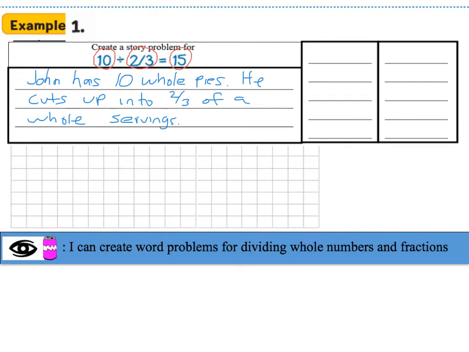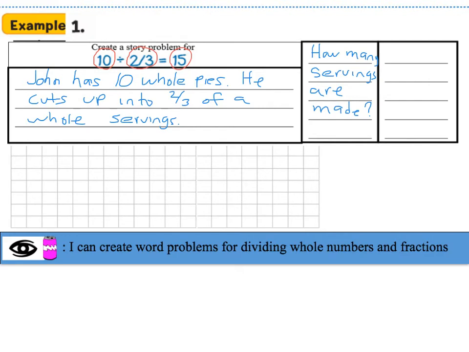Our second step told us to go ahead and ask a question. So the question I'm going to ask myself about this is, how many servings are made? I want to know how many servings are made based off of the whole story problem.